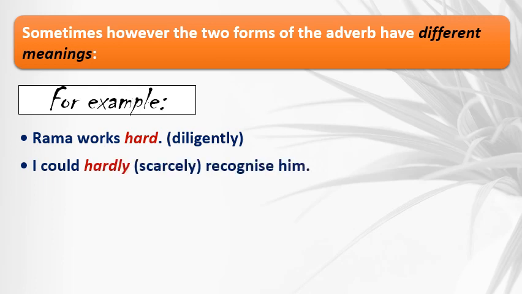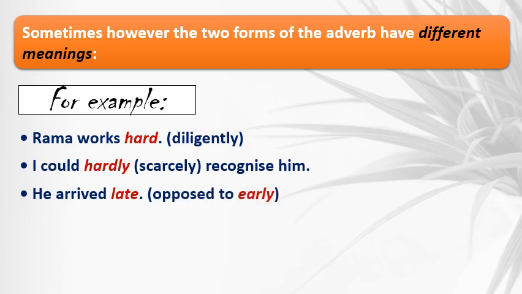And here, the meaning of hardly is scarcely, or we can say almost not. So as we can see, when the form of adverb ends in ly, the meaning is different from the form of adverb which is the same as the adjective. Same with the other examples also.